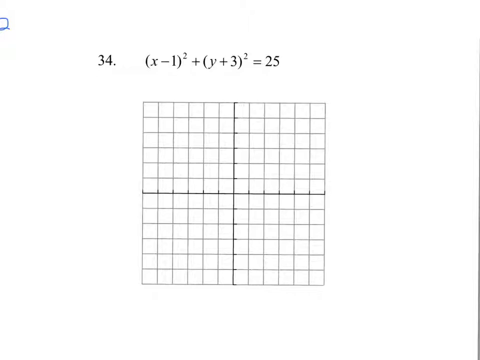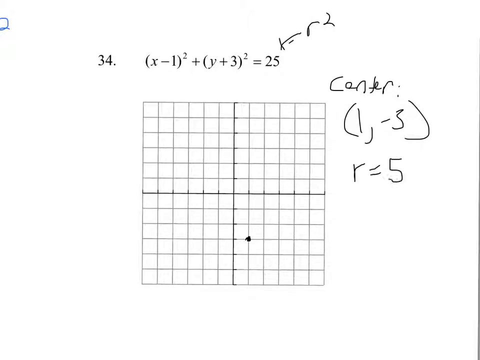All right, last one. The center, remember opposites, the center is actually going to be at positive 1, negative 3. So positive 1, negative 3 is right here, and the radius squared is 25. So if you want the radius, you have to square root that, and you get 5.